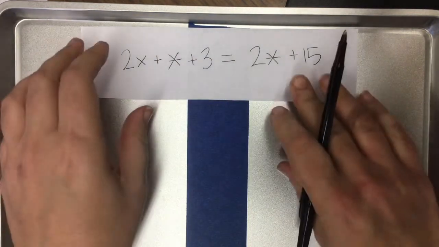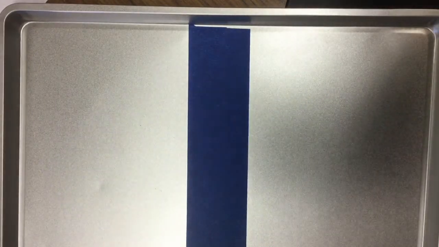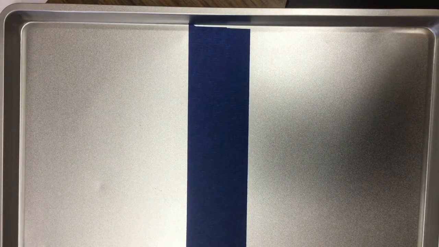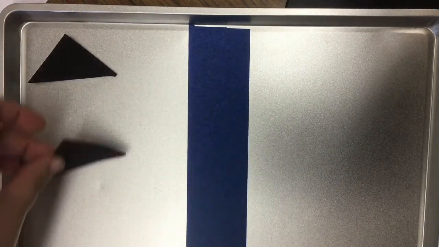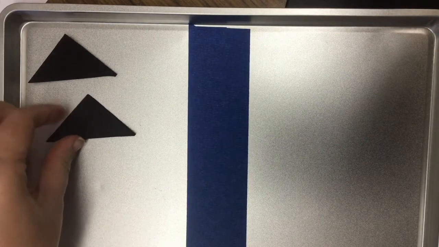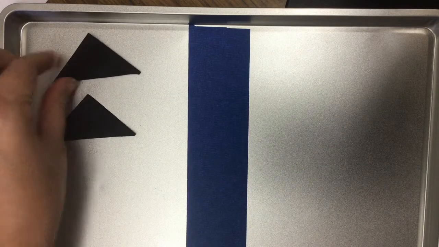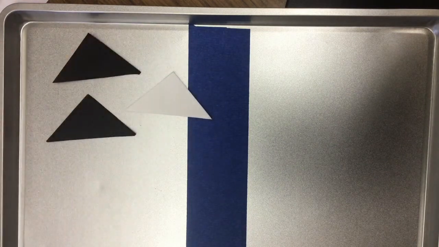So here's letter A. And I'm actually going to move this because I want to make sure I have enough space on my screen. So we're going to set up term by term exactly what our problem says. We have 2 X's plus a star plus a 3.